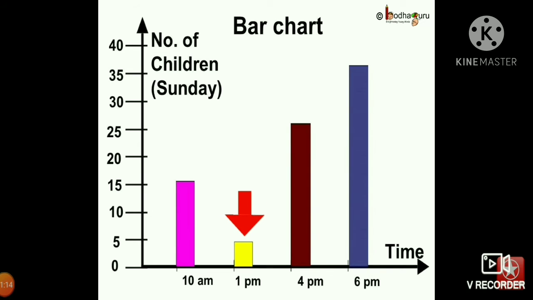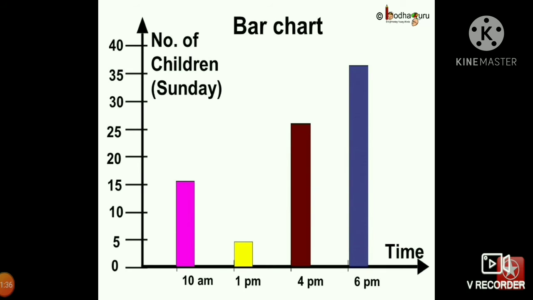Here also I told you the unit of the distance: 0 to 5, 5 to 10, 10 to 15, it is all equal, right? For 4 p.m. 25 students. For 6 p.m., how many students? 35 students. This is the bar graph for the students who came to the park on Sunday.